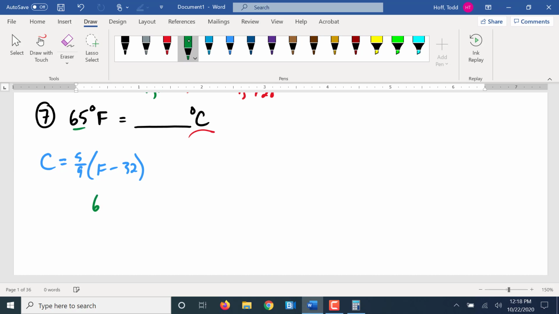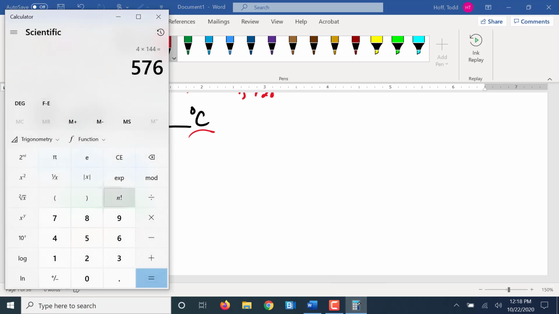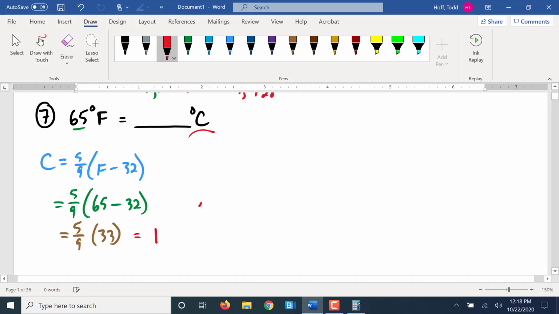So I put 65 in here for F. We will do 65 minus 32 is 33. And 5/9 times 33 is 18.33 degrees Celsius.